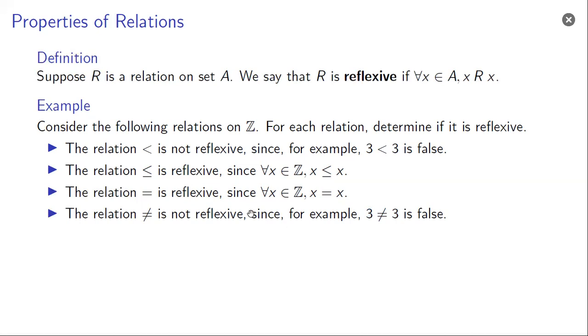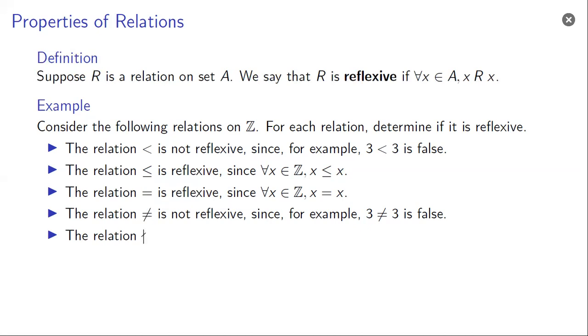If the not equal to relation were reflexive, then it would say that 3 is not equal to 3, and 4 is not equal to 4, and 5 is not equal to 5, and so on. But we know that's not true. We know that 3 is equal to 3. So if I tell you 3 is not equal to 3, that is false. Therefore, this not equals relation is not reflexive.